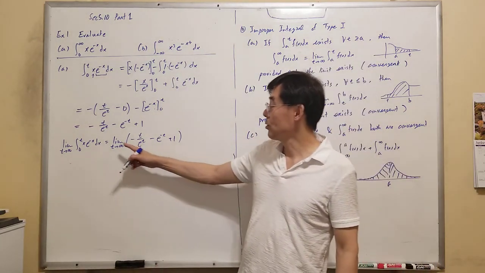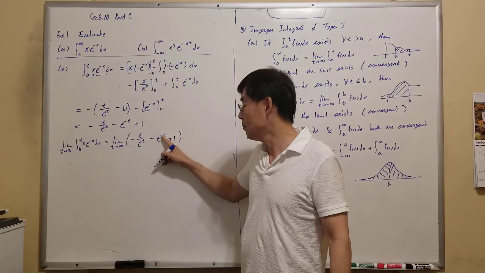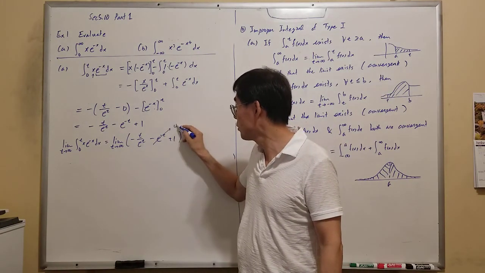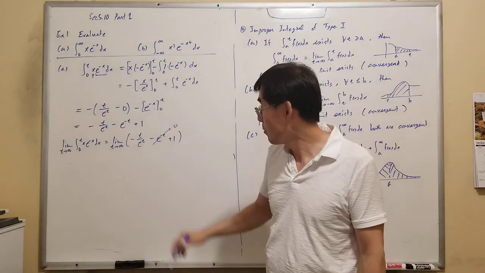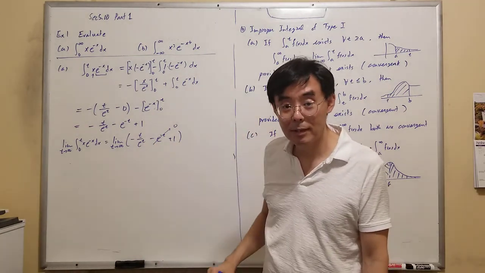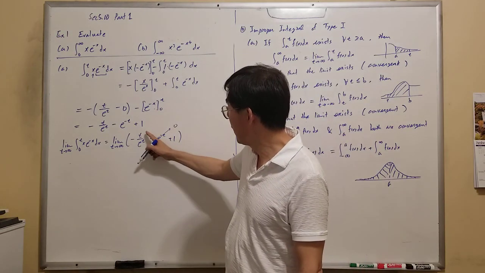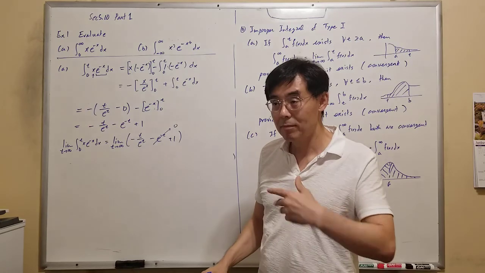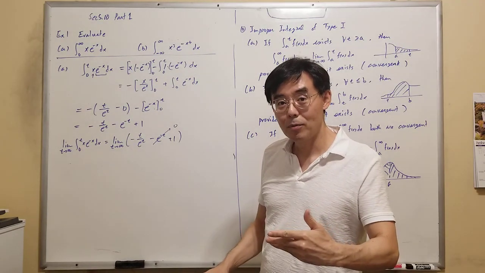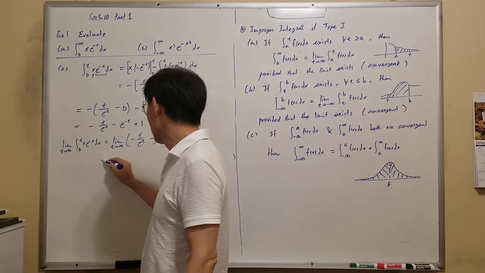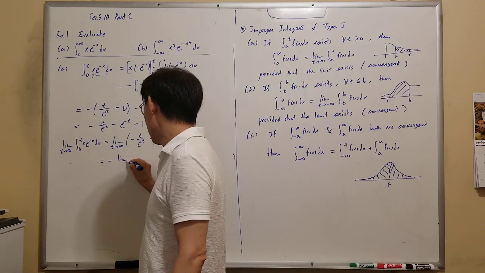T is getting larger and larger, so e to the minus 100 power, e to the minus 1000 power. This one will go to 0. This one stays at 1. What about this one? This is infinity over infinity form, an indeterminate form. In that case, we can use L'Hopital's theorem. I take a negative out.